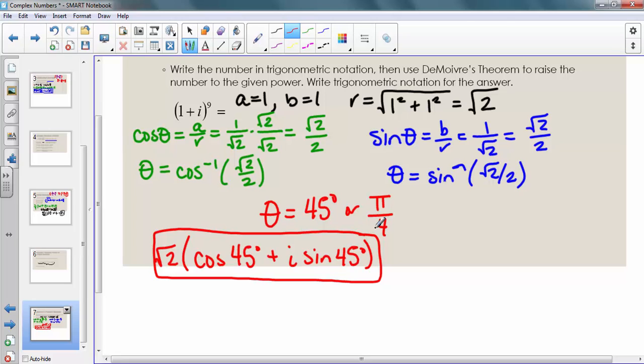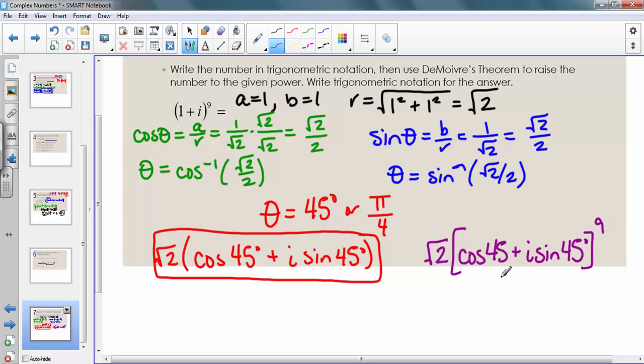Now that we're in trigonometric form, we can use the formula on the previous slide. And we're going to have root 2 times the cosine of 45 degrees plus I sine of 45 degrees. And we are raising that to the 9th power. So that tells me that n equals 9.